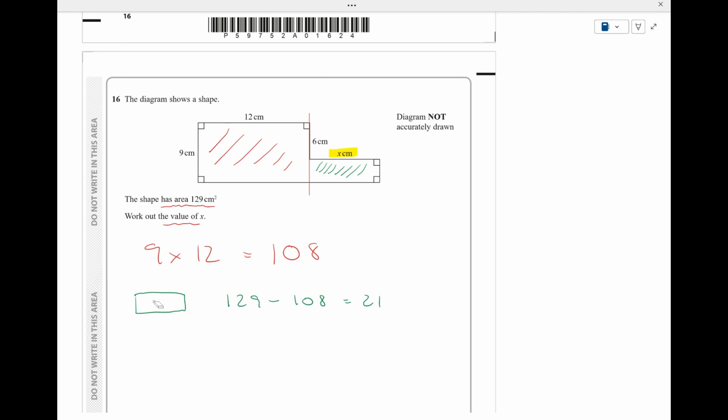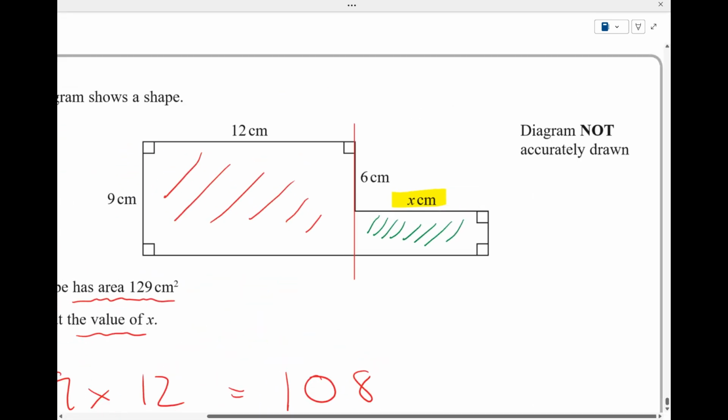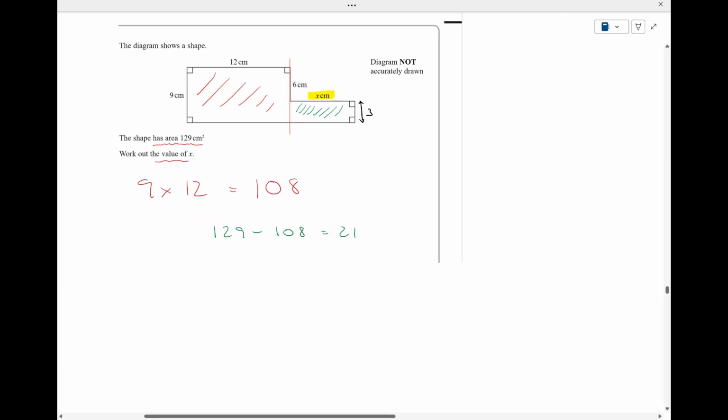Now let's just have a look at the green. Here it is. Now, do you know what the height is? Do you know what that measurement is there? The whole thing is 9, and that's 6. That must be 3. So look at that.